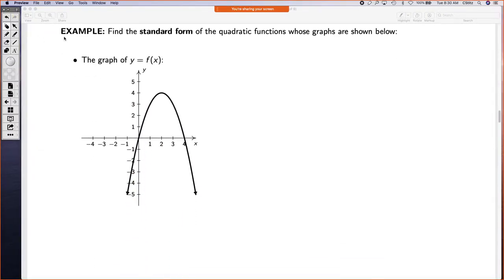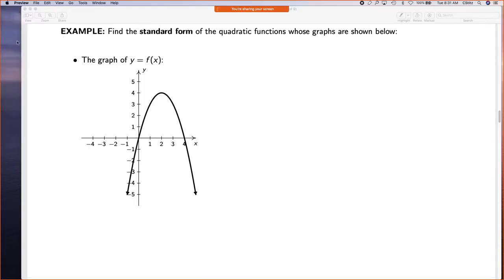Okay, so now it's time to kind of go backwards. Instead of here's the function, graph it, here's the graph, figure out the function. Find the standard form of the quadratic functions whose graphs are shown below.